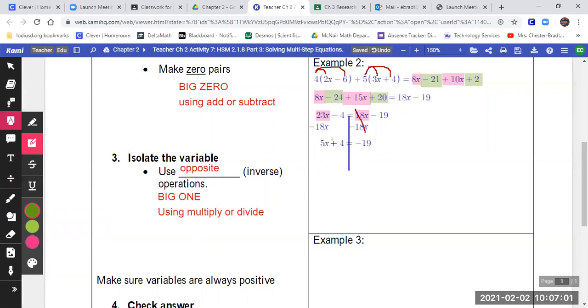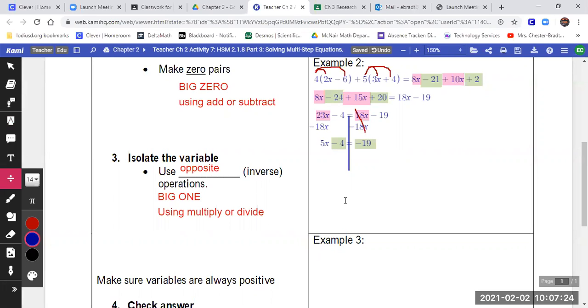I need to move this negative 4 away over to the negative 19. How am I going to turn that negative 4 into the big zero? Be specific.